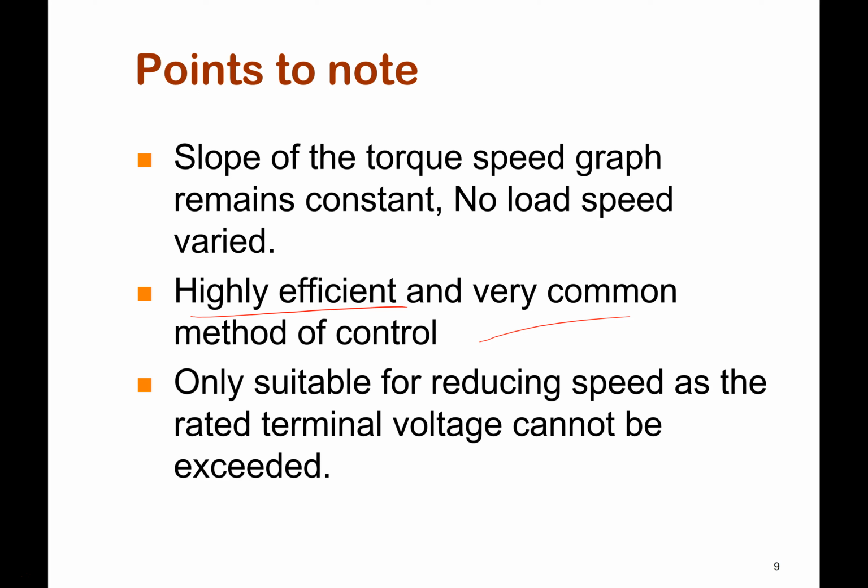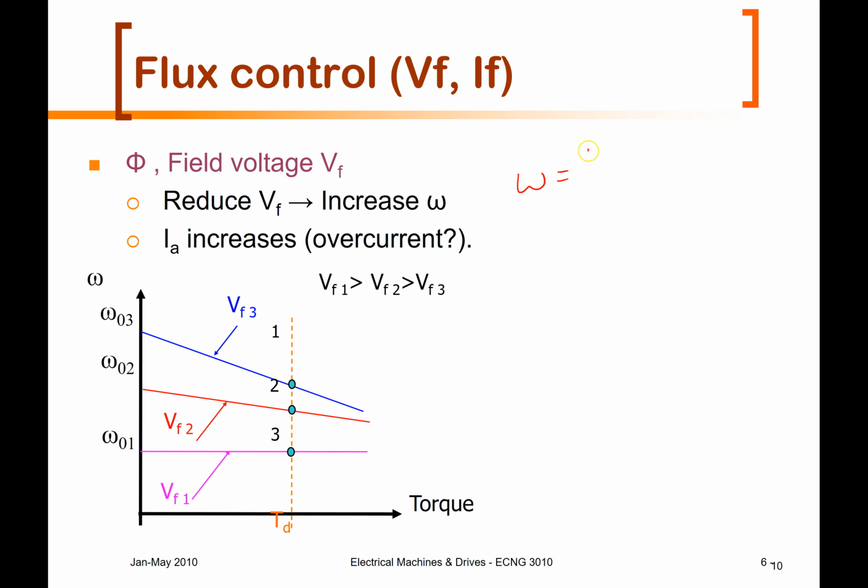Now, if you remember the equation, omega is equal to Vt on k phi minus Ra on k phi squared times T, then we see that flux comes into play in both the y-intercept and the gradient.